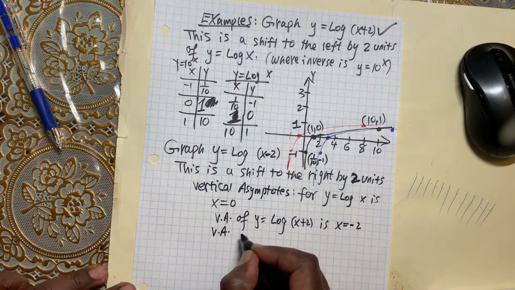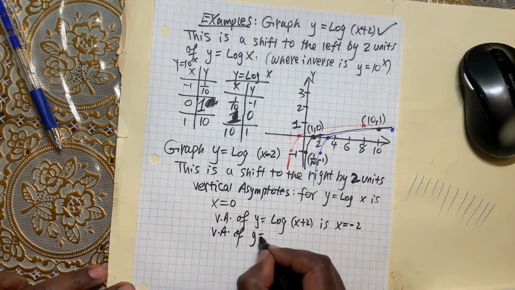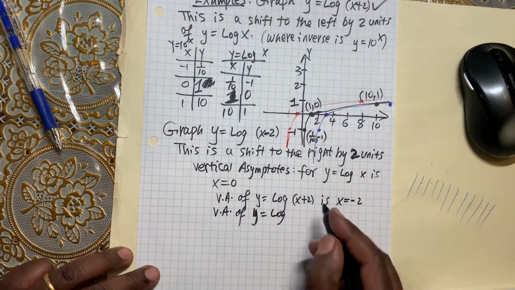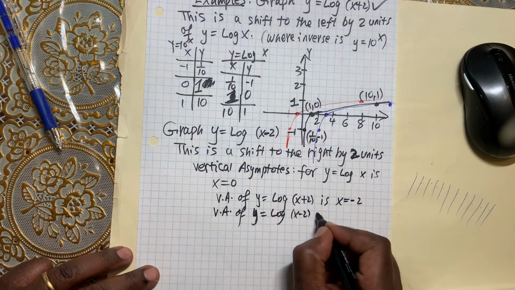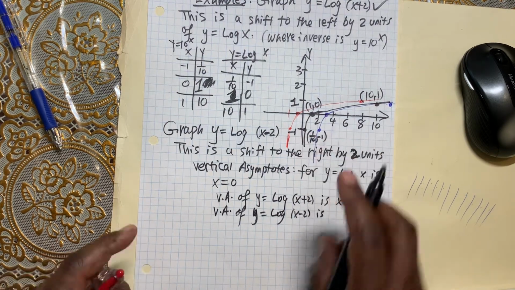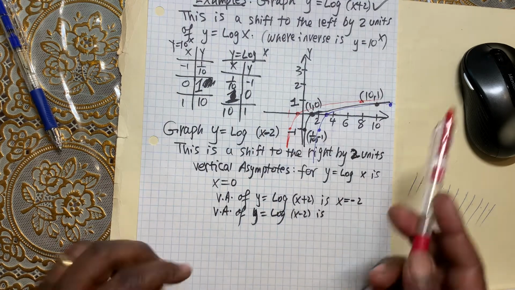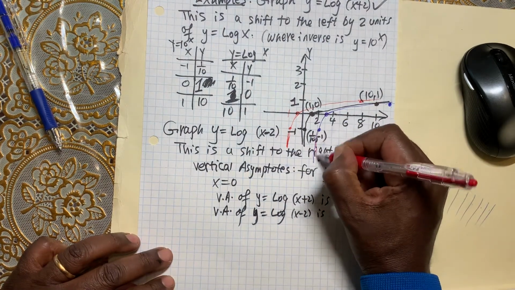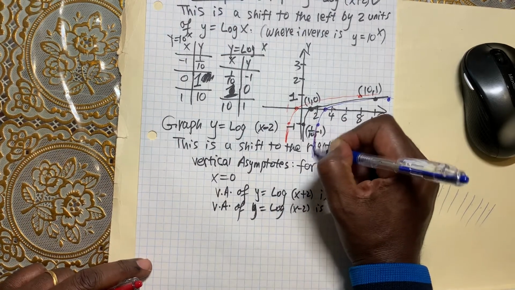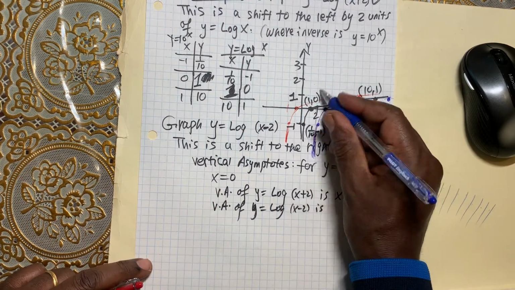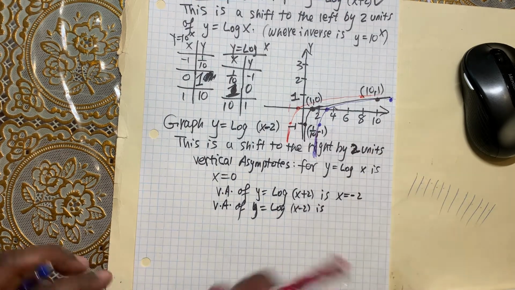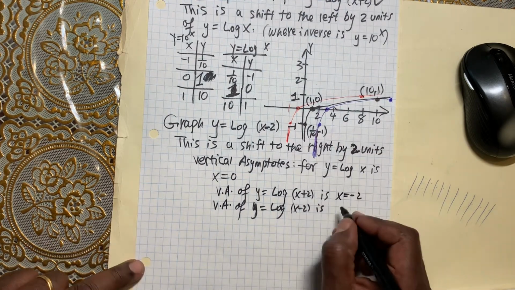The vertical asymptote of y equals log x minus 2, since this 0 is moving 2 units to the right, will be, using the same color, x equals 2.